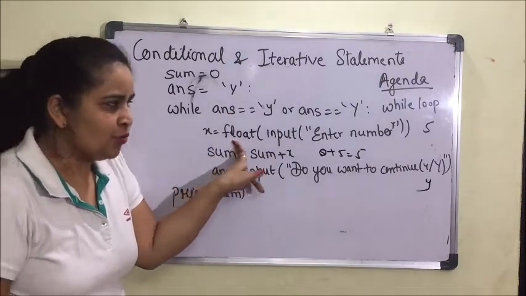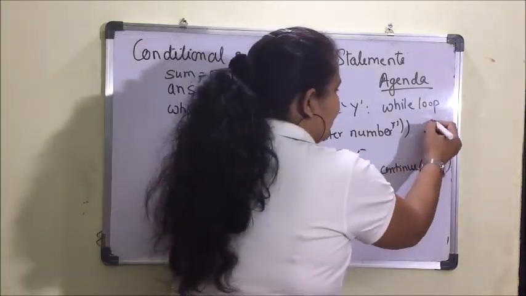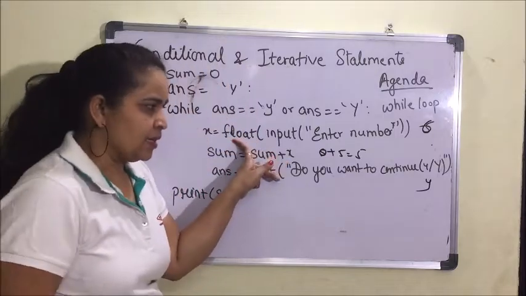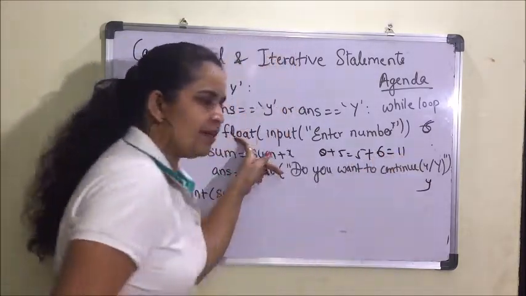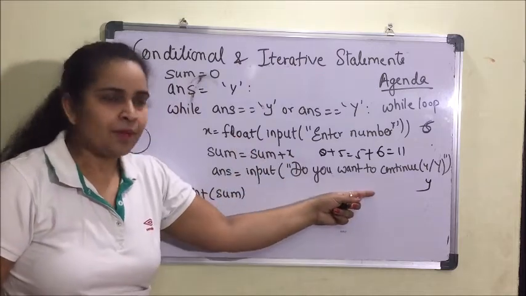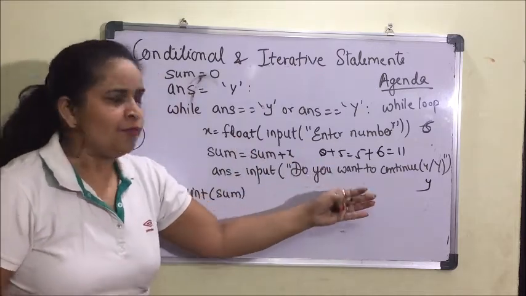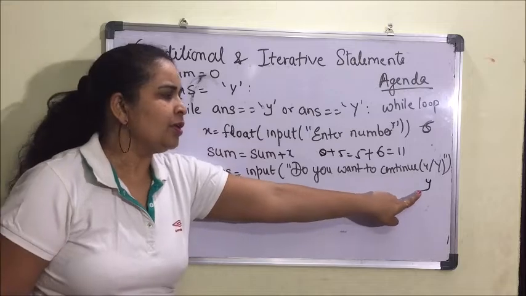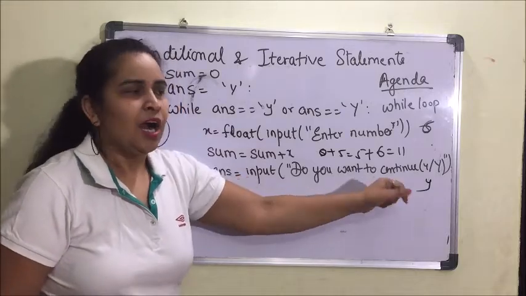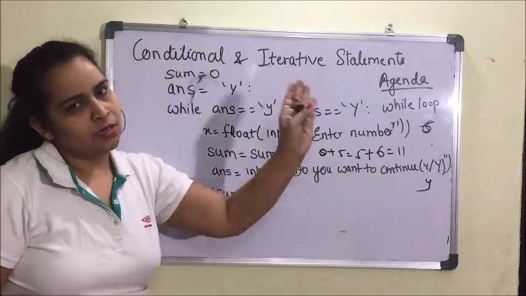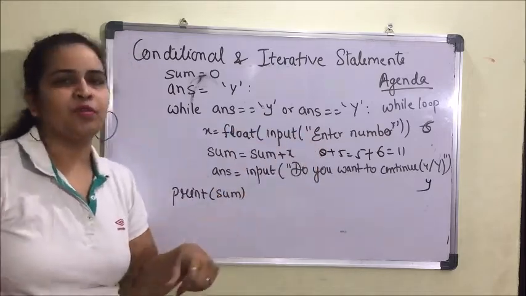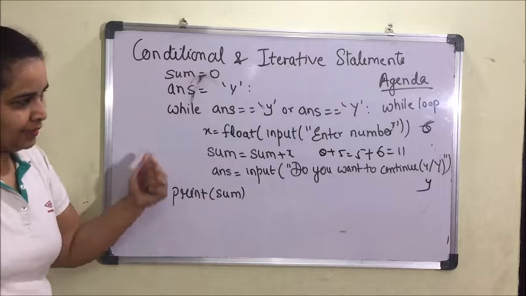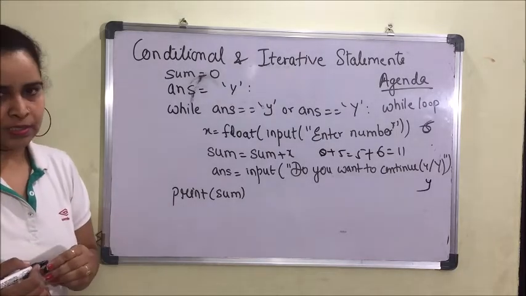Do you want to enter a number? Suppose I have entered 6. Sum is equal to sum plus number, that is 11 now. Again it will ask, do you want to continue? If you want to continue, you can input y or capital Y. Otherwise you can enter any other character or number, and it will come out of the loop. So in this way the while loop works.